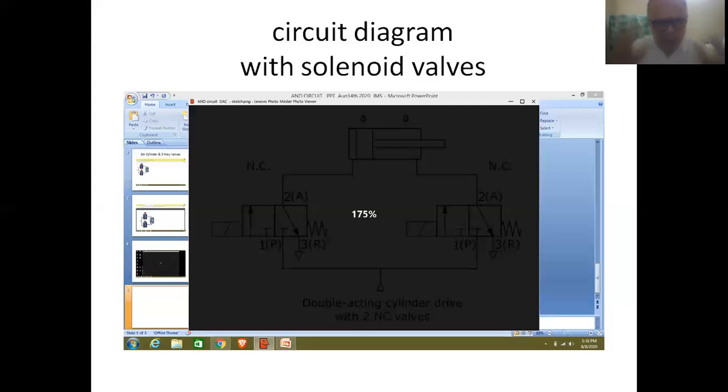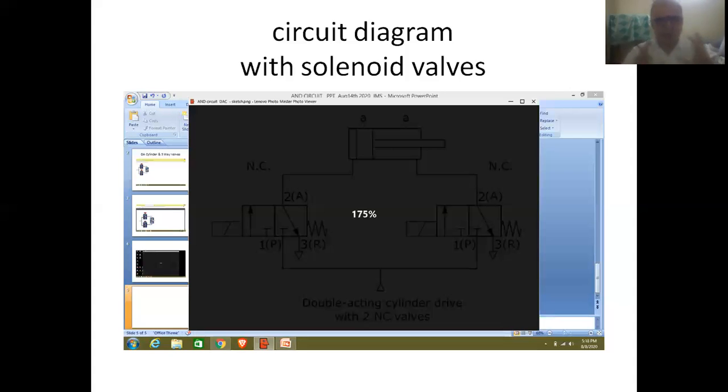And friends, in the second phase of operation, the second valve is brought to first position, and the first valve is brought to second position. So therefore, the fluid will be entering from the right hand side of the piston, and it will be leaving from the left hand side of the piston. So this is used for performing the return stroke of the piston.